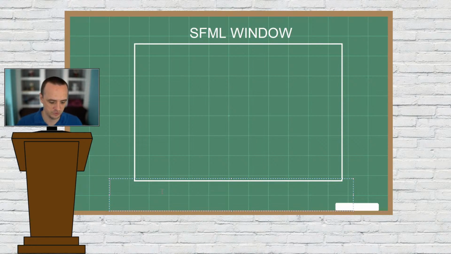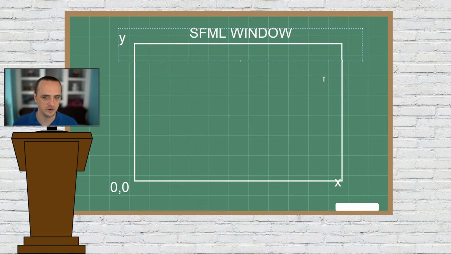You are used to 0, 0 being down in the bottom left corner. Then X would increase over here and Y would increase up here, right? So you go up in Y, you go right in X, okay? That is not how SFML works.